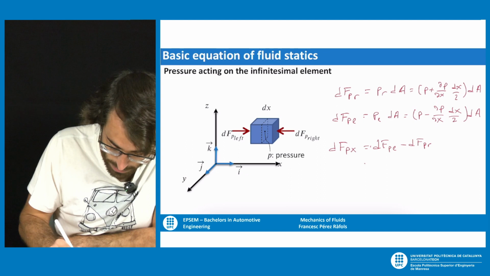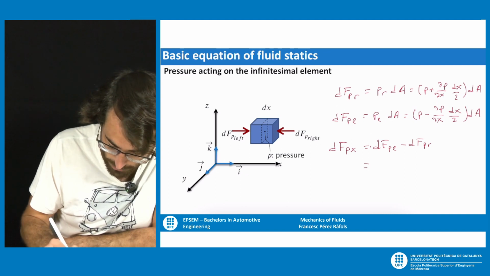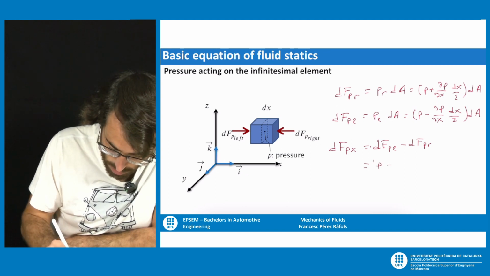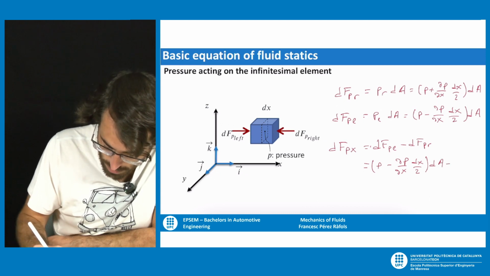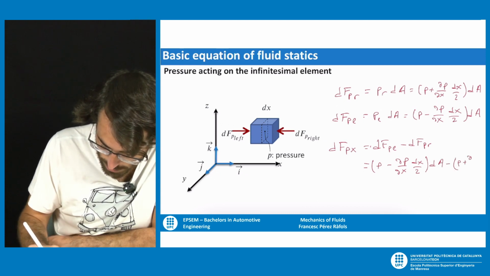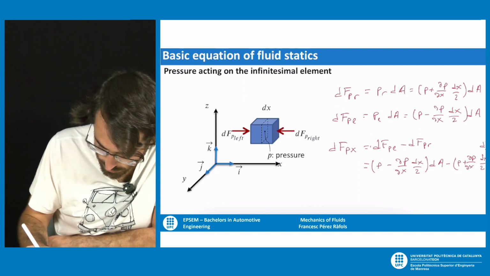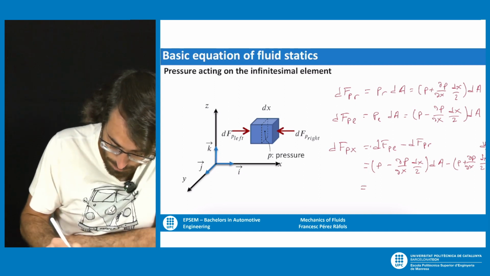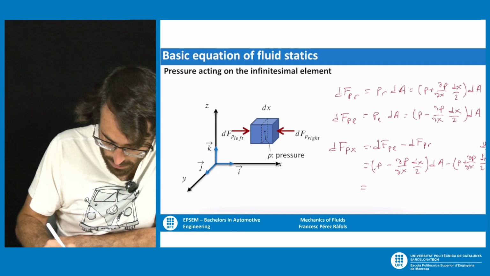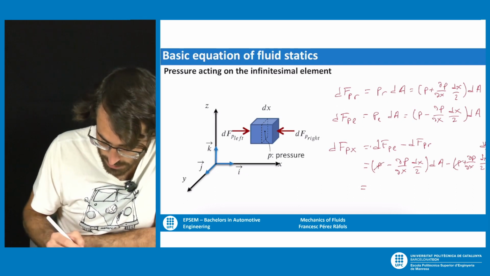If we combine, we will have P left first, so P minus dP/dx dx over 2 times the area, minus P plus dP/dx dx over 2, and the area in here. Now we can see that this P and this P cancel.